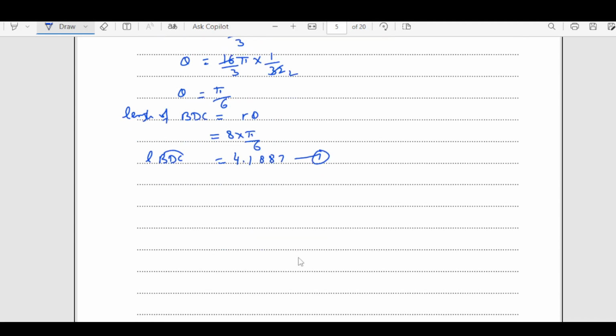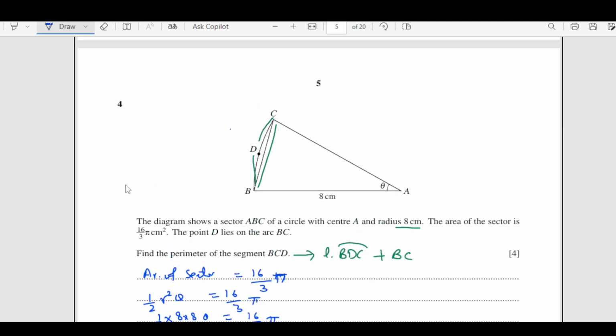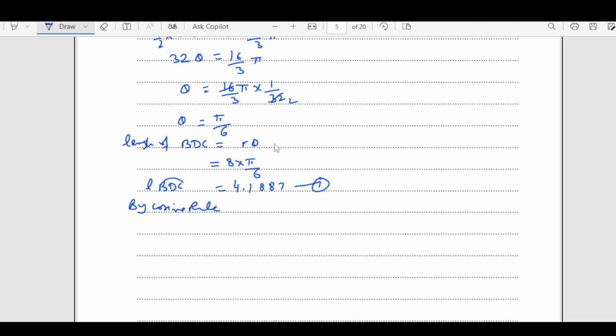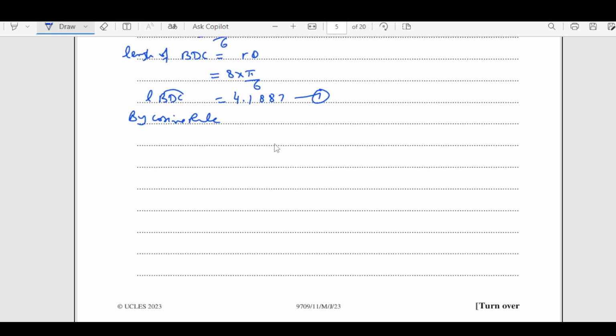Now we need BC. To find BC we will use the cosine rule. Let me show you how you are going to use it. We will take this triangle ABC. So this is 8 centimeter. By cosine rule, BC squared equals 8 squared plus 8 squared minus 2 times 8 times 8 times cos pi by 6.